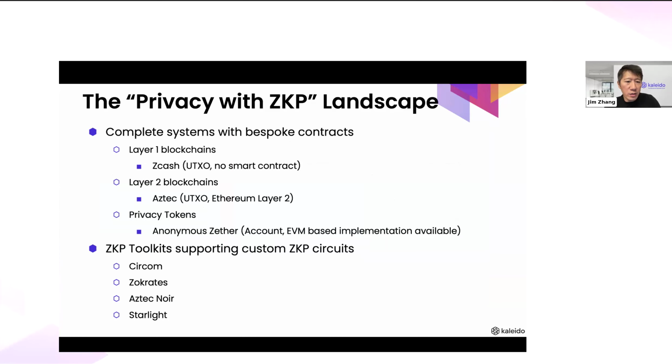The second slide I'd like to go through as part of the summary is what are the available solutions when we talk about privacy with zero-knowledge proof. First, we see there are layer one blockchains such as Zcash, which is really the pioneer in this space to apply zero-knowledge proof for privacy.